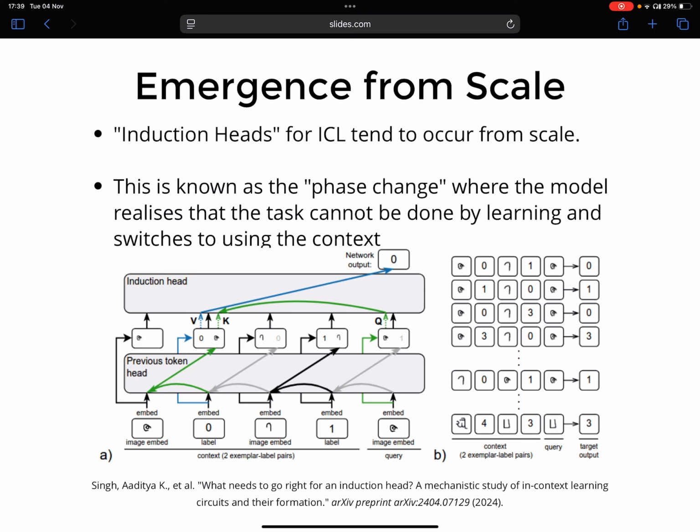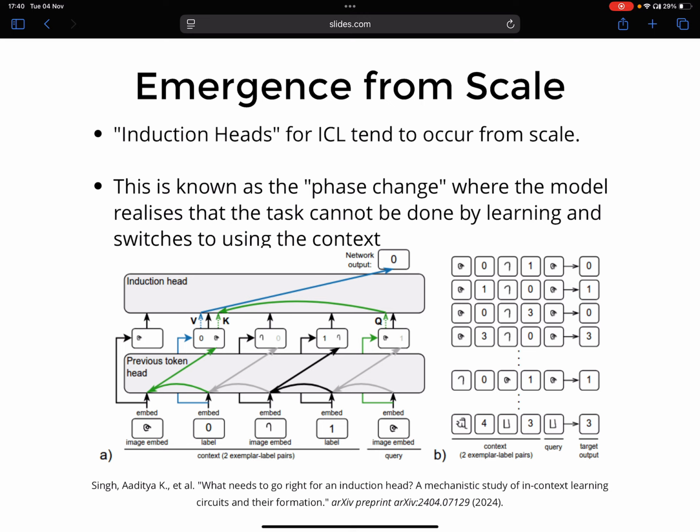But the first thing I wanted to mention is that this is actually one of the primary reasons it's believed that transformers in these large language models are scaling so efficiently: the fact that there is this emergence that happens from scale. The induction here is one really good example of this, primarily because it goes through a phase transition.